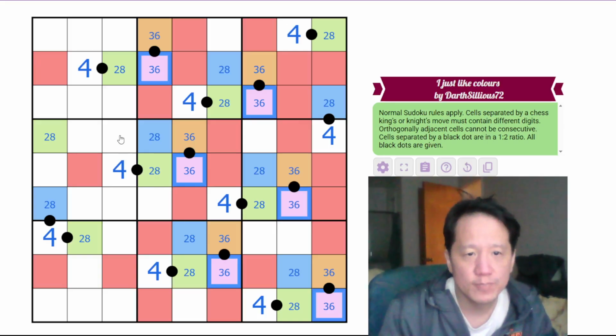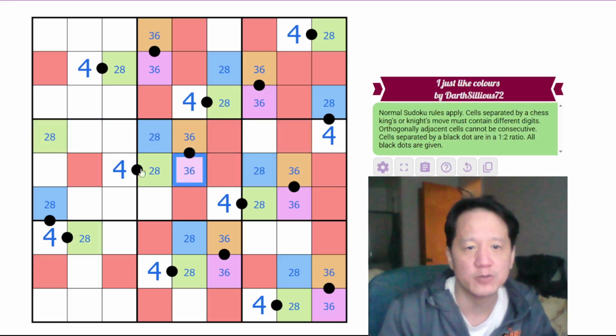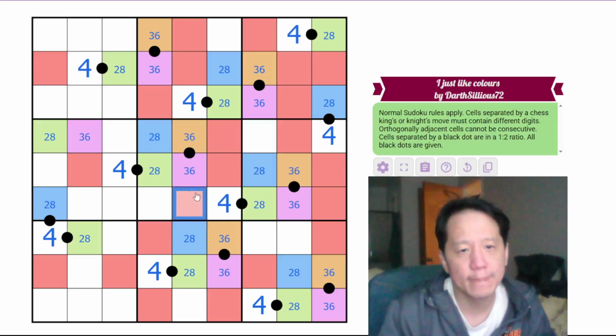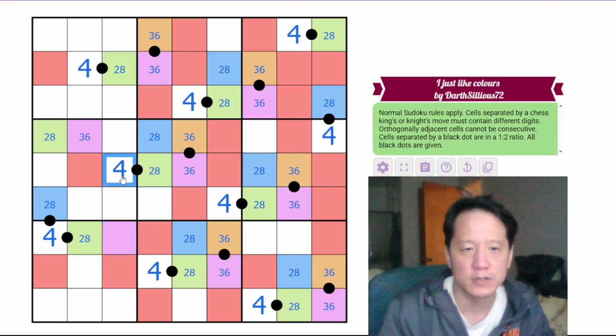Pink has to be one of these two in row 6, and it cannot be here because of anti-knight. So this is pink there. In row 7, it can't be here because of pinks in the boxes, so this must be pink here.